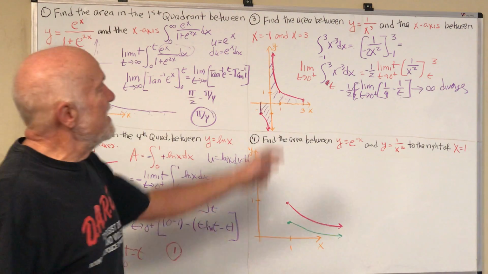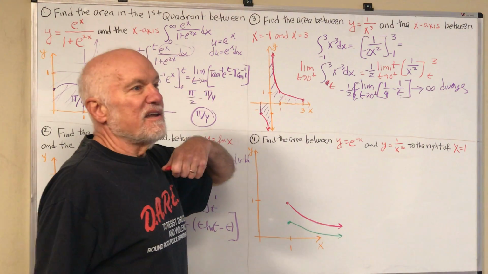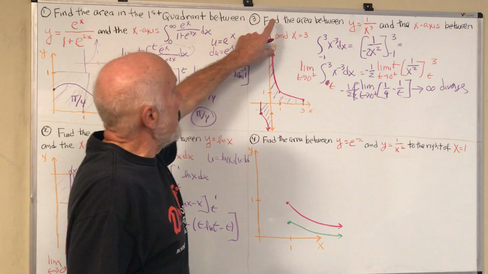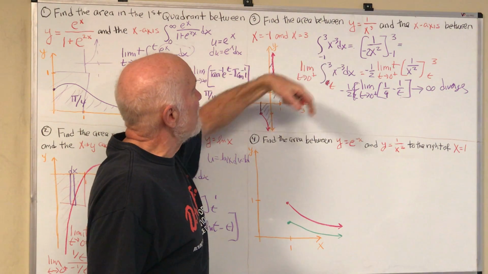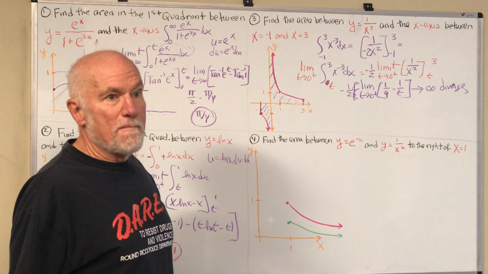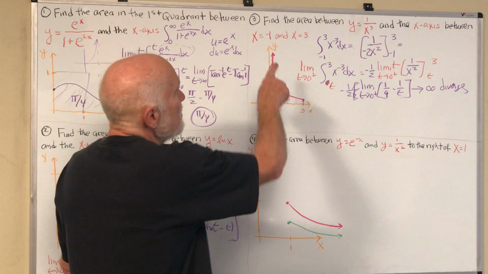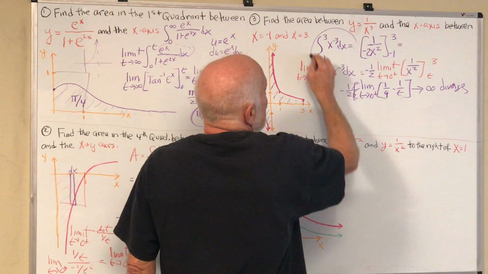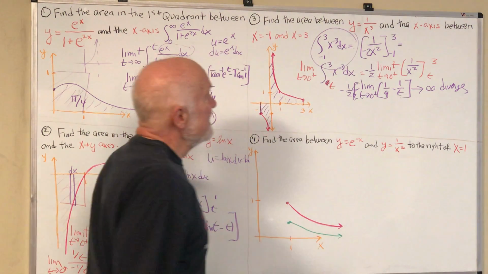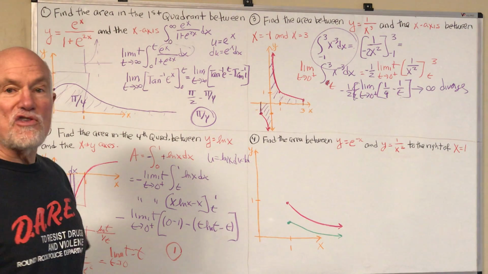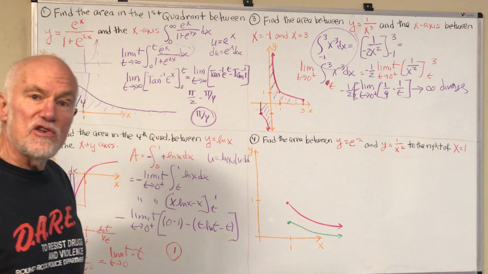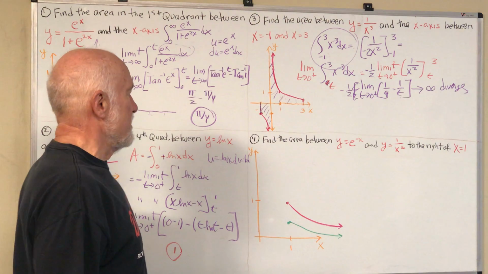So obviously, this is not right. You could say that the area between the curve and the x-axis diverges to infinity. So be careful. It would be very easy to forget about this discontinuity at 0 and just use the fundamental theorem of calculus, and you could see you'd get a mistake.